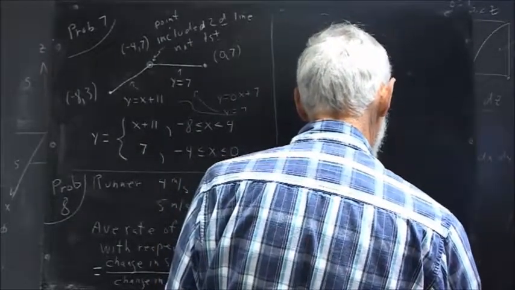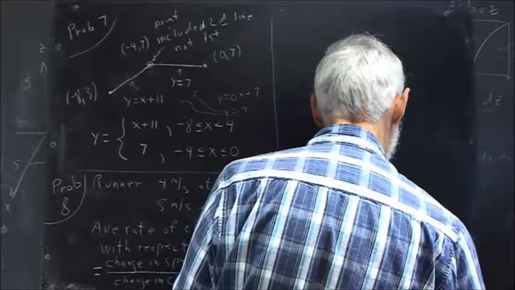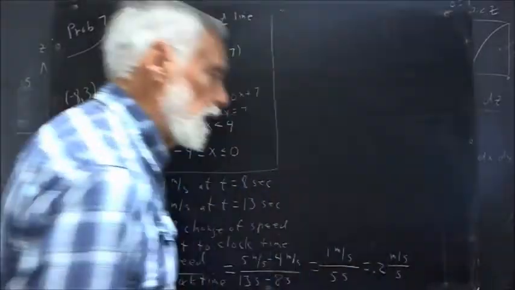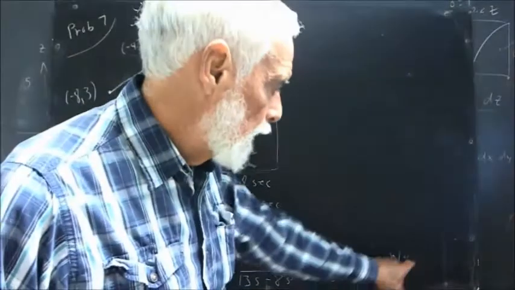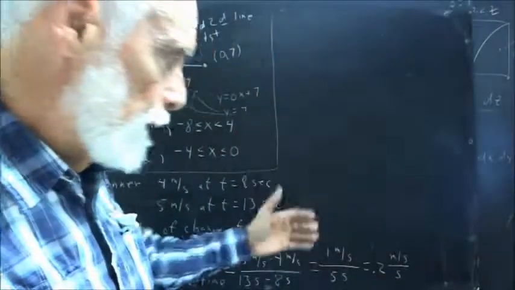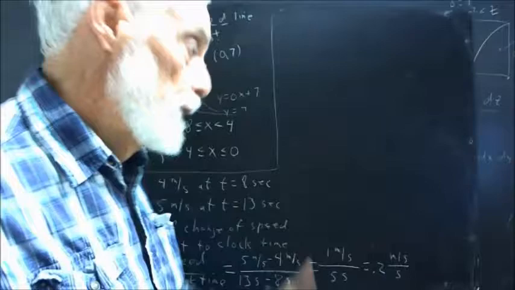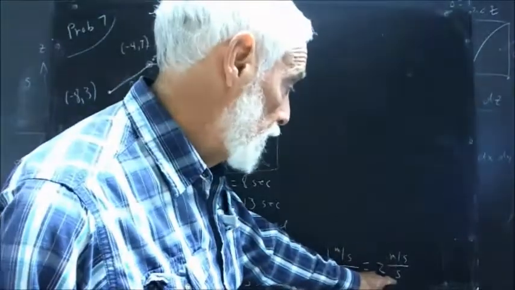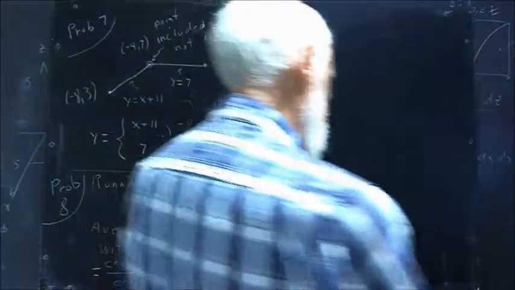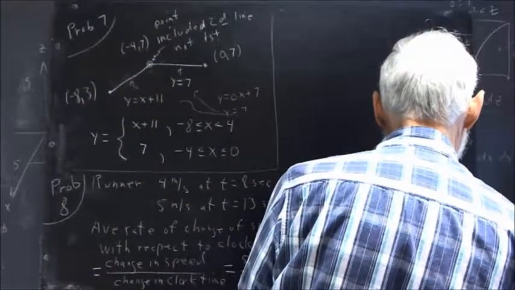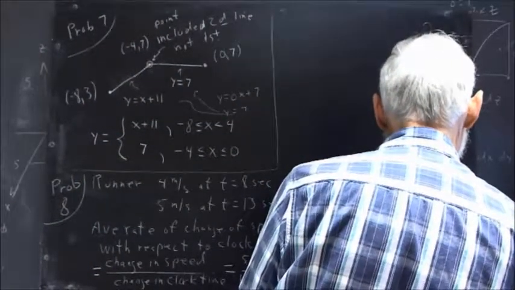And that's going to be meters per second divided by seconds. Now, meters per second divided by seconds is meters per second multiplied by reciprocal seconds. Because we're dividing by seconds, it's the same as multiplying by 1 over seconds. So that's 0.2.